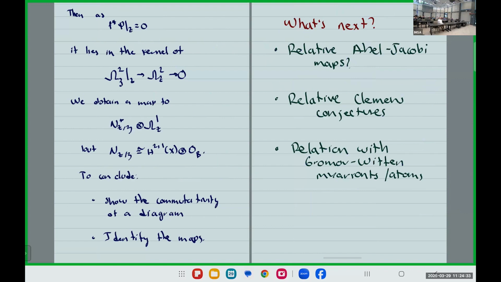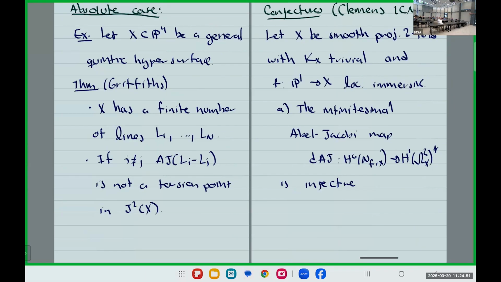So we can ask if we can obtain something like this also in the relative case. Second point, we can also ask if some relation with the Gromov-Witten invariants can be shown. Let me just continue. I will comment after this.